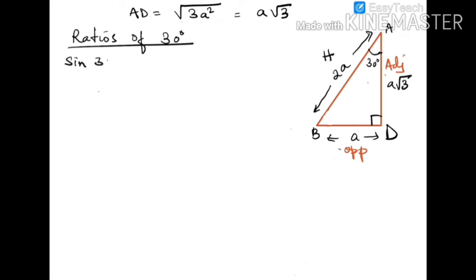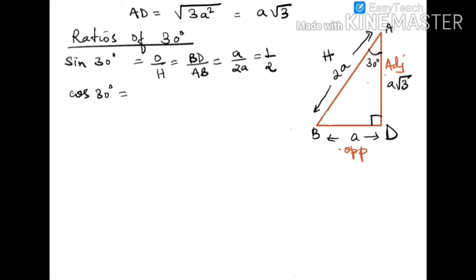So the ratios of 30-degree angle: sine 30 degrees will be equal to opposite upon hypotenuse, and that is equal to BD upon AB. Substituting the values, we get A upon 2A, and that is equal to 1 upon 2.